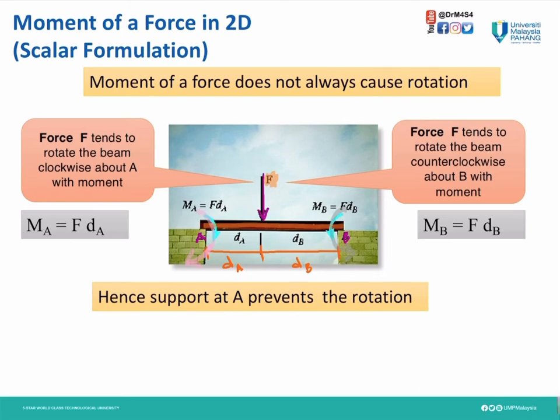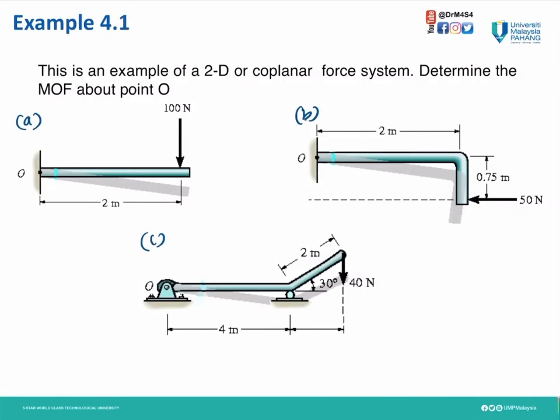So if you want to know the moment at A, it is F times the distance dA. At point B it is the force we apply times the distance dB, so it will be anti-clockwise.